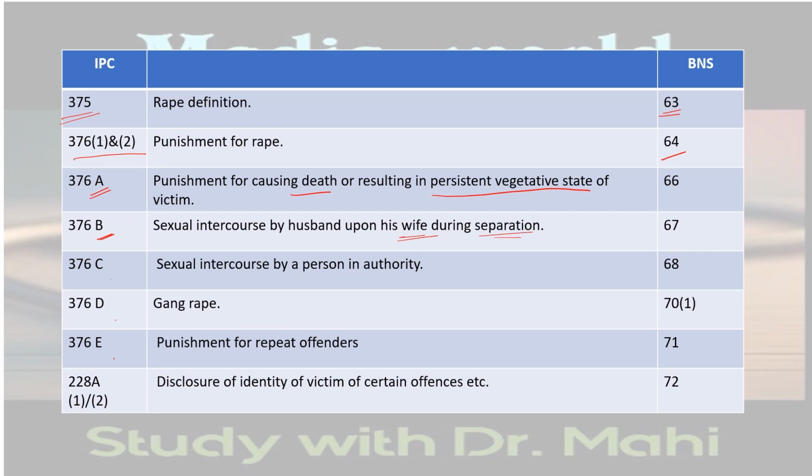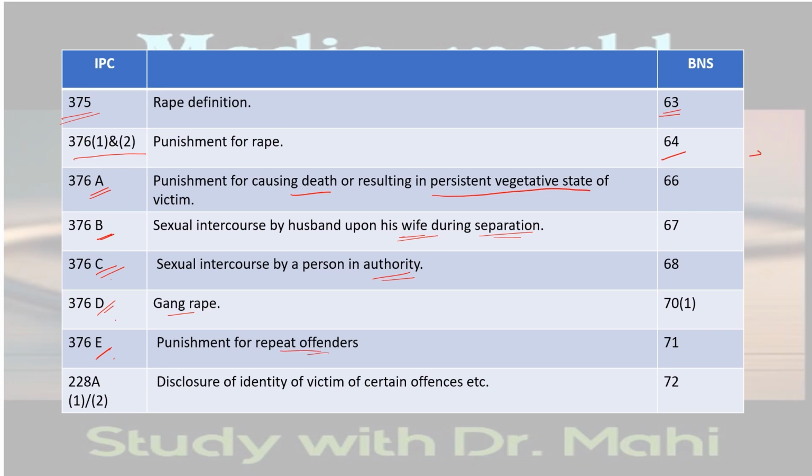Okay. And C is custody. Custody means any person in authority. If he is committing the rape, then it is under 376C. And D stands for Dawn, and Dawn means gang rape. Okay. 376E, E is for expert. Expert means repeat offenders. Okay. How do we learn it?